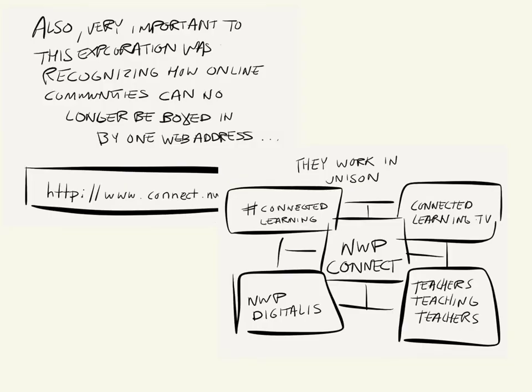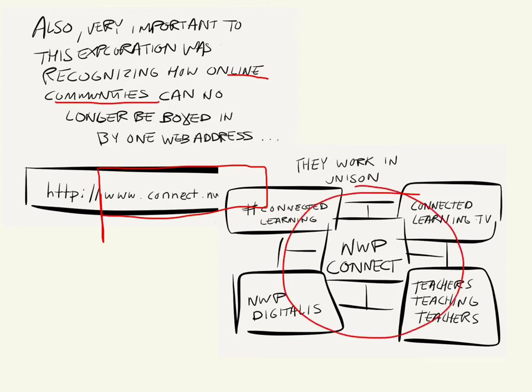So most important to the exploration of the Connected Learning Inquiry Group was to find out that you can't really box in online communities into one website, which would be connect.nwp.org. It's really a circle.